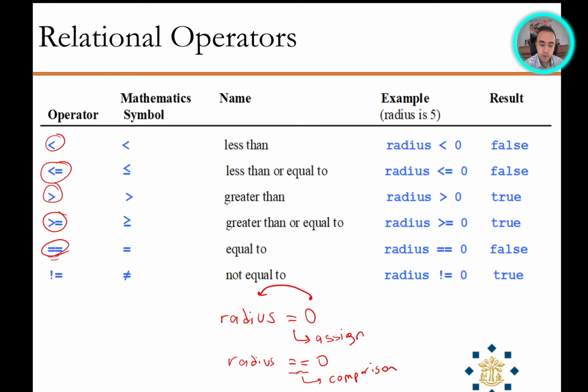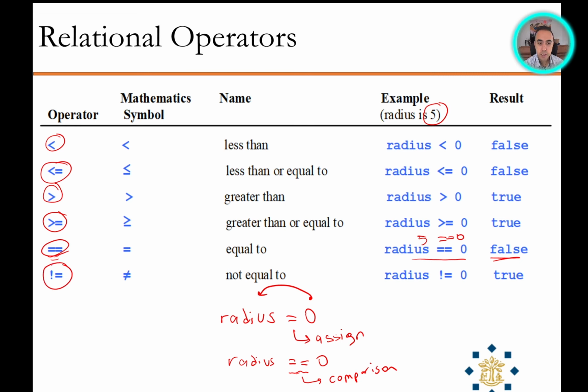What it does is check whether the value of radius is actually equal to 0 or not. Assuming radius is 5 in this example, 5 is not equal to 0, so this is a false proposition.